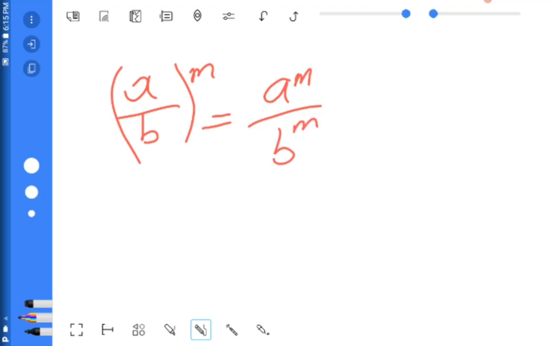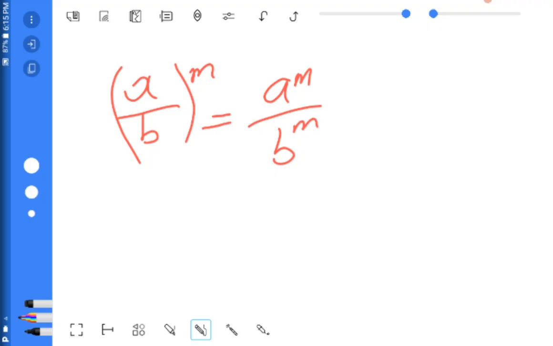So it means that, how we can say it in ordinary English, we will say that the power of an index number is distributive over division. So the power is distributed over division. Same in the case of multiplication. So that is work done.